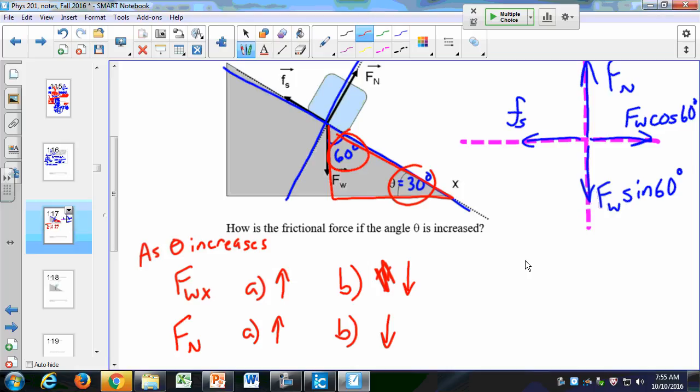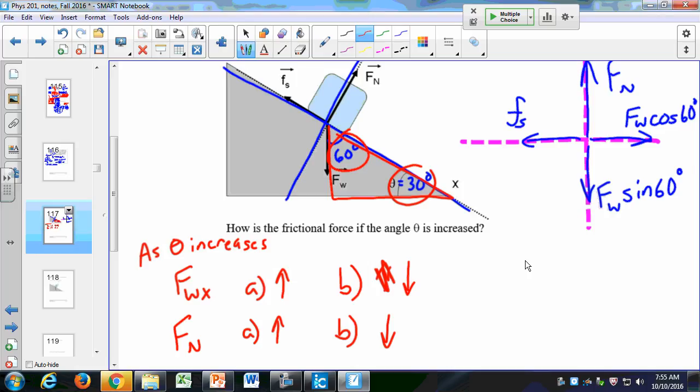Now think about as your angle goes from 0 to 90, or let's say from 90 to 0, what happens to the cosine of the angle? It gets bigger, right? It goes from 0 to 1. And so as this angle gets smaller, it's getting closer and closer to cosine of 0, and the cosine of 0 is equal to 1. When it goes all the way up, then Fwx is going to equal Fw.